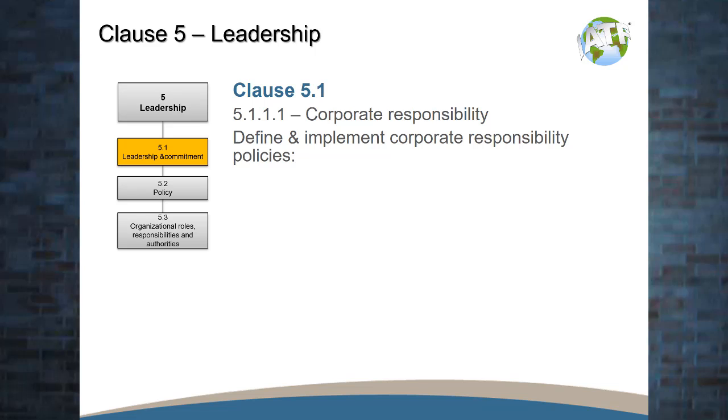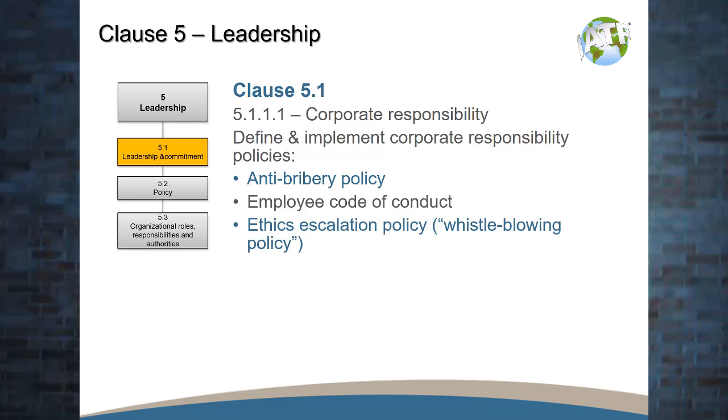We need to define and implement a corporate responsibility policy or policies for anti-bribery, employee code of conduct, and an ethics escalation policy. That's a mouthful. Ethics escalation policy, or also known as a whistleblowing policy. So this is added in as a part of leadership and commitment clause.